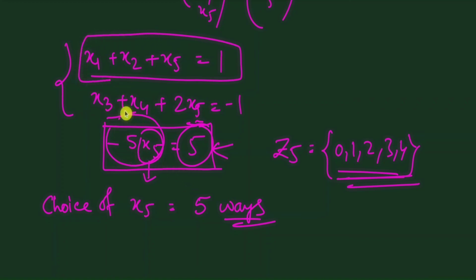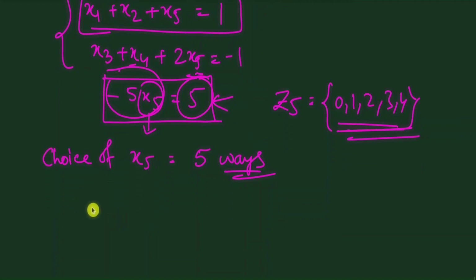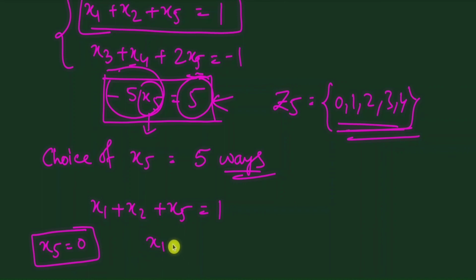Now for each choice of x5, these two equations are independent: x1 and x2 appear separately from x3 and x4. From the equation x1 plus x2 plus x5 equal to 1, if we choose x5 equal to 0, then x1 plus x2 equal to 1.